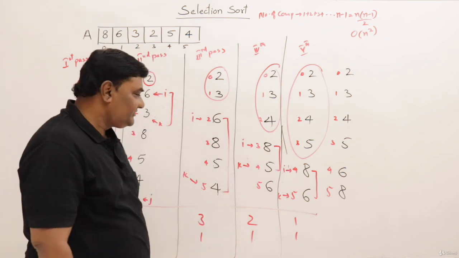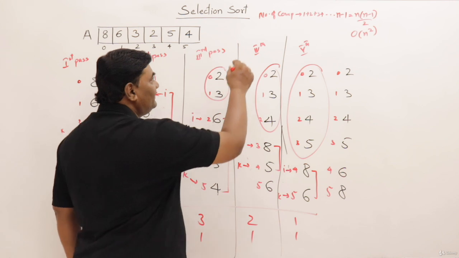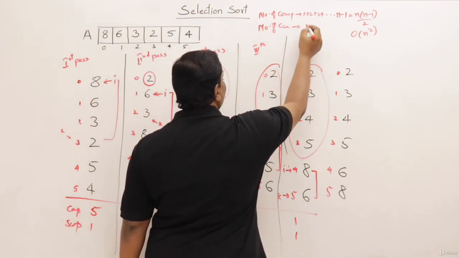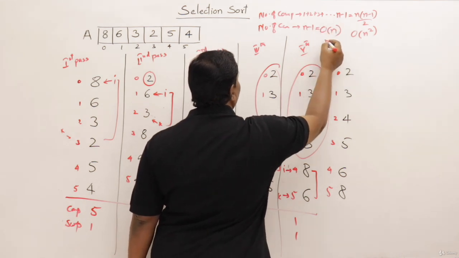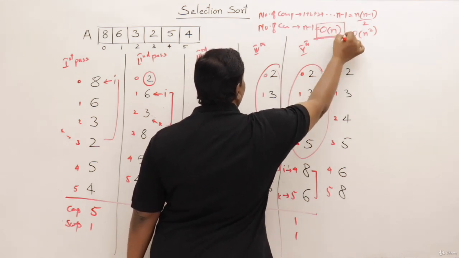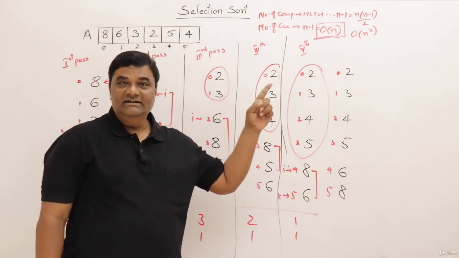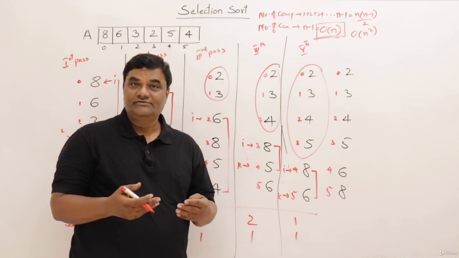Then how many swaps? In each pass we are performing just one swap. So number of swaps is, for n elements, n minus 1 swaps. So it is order of n. Yes, this is more important about selection sort. For n elements, only n minus 1 swaps, so order of n swaps.